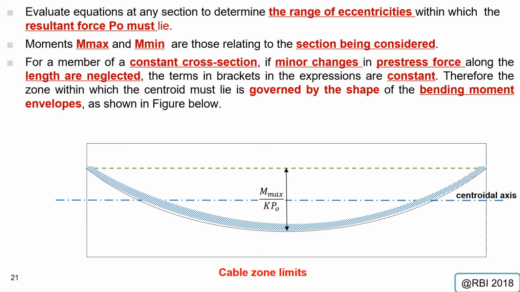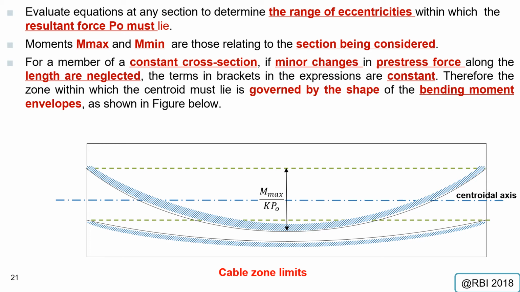Then you will have a second line, at service, and then you will be able to draw the second tendon profile. The distance between that line and the tendon position at midspan is M minimum over P naught. So the range will change depending on the moment values.